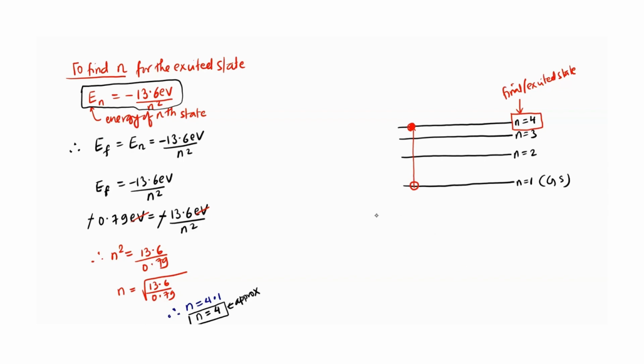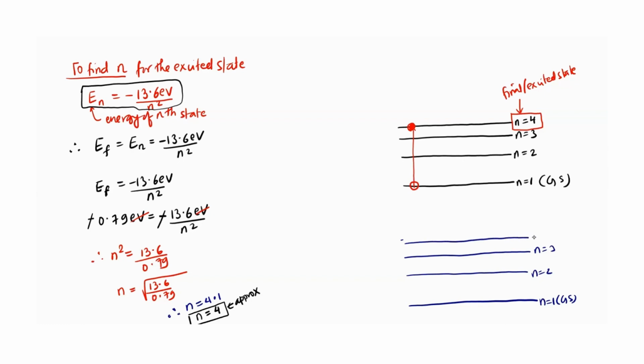So I'm redrawing this: n equals 1 ground state, n equals 2, n equals 3, and finally n equals 4. The hydrogen atom is in n equals 4.